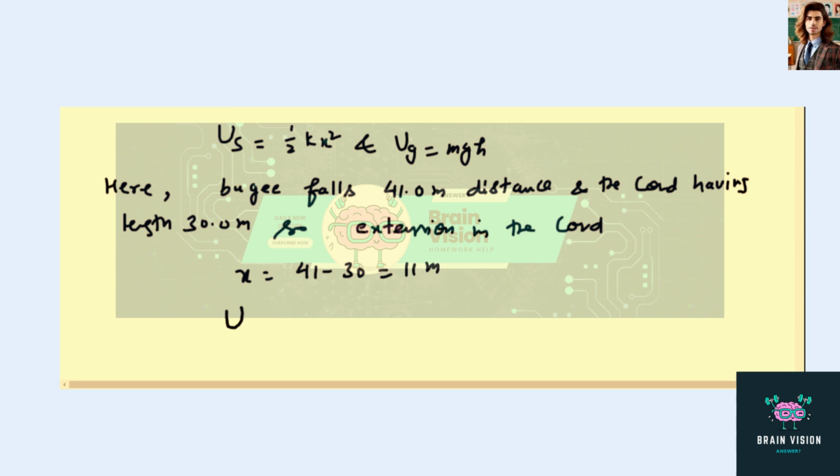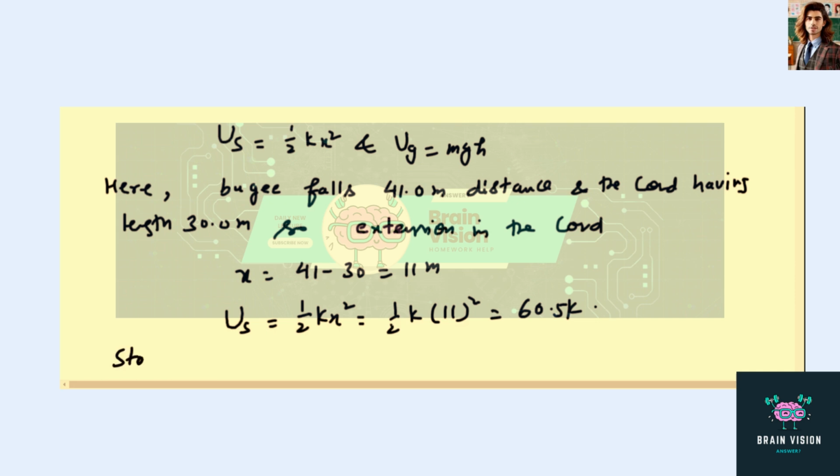So the energy stored in the spring is half kx square, half k into 11 square, which is equal to 60.5 k.